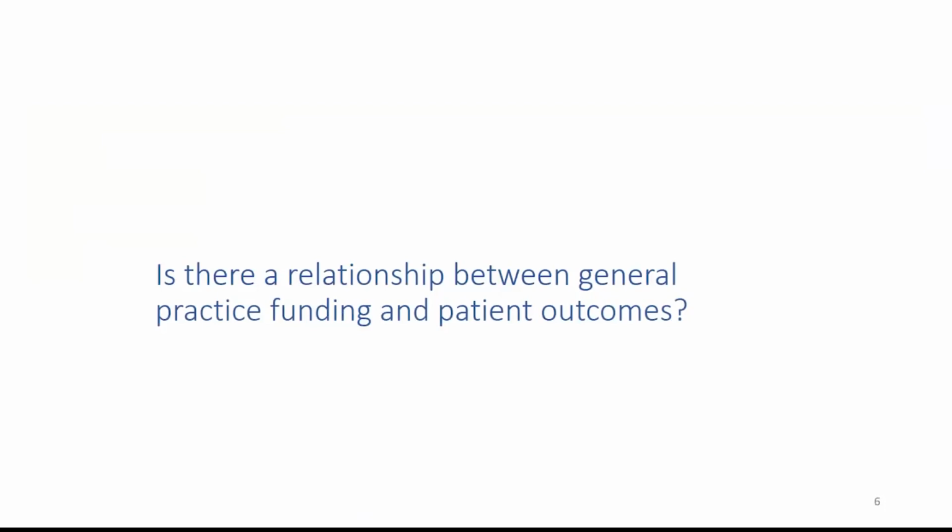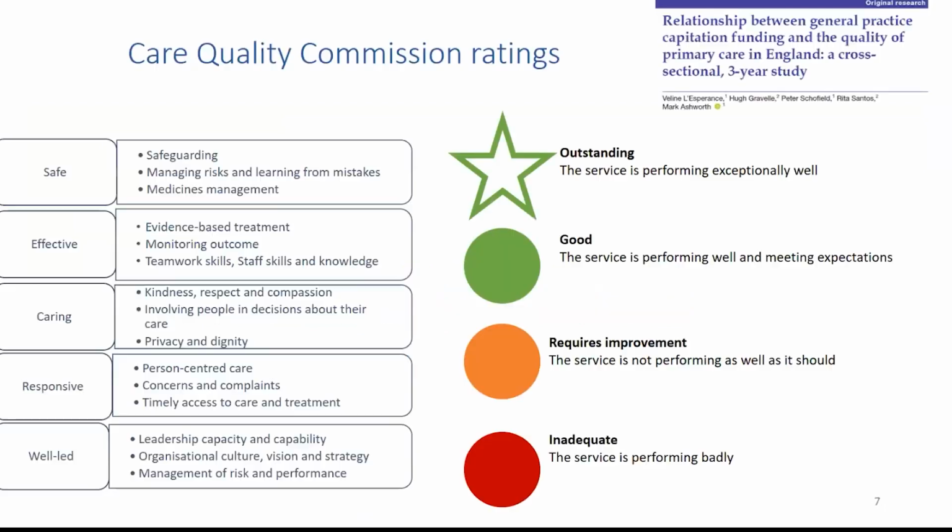So we'll start by looking at whether there's a relationship between general practice funding and patient outcomes, starting with care quality outcomes. All general practices and hospitals, but today we're focusing on primary care, are subject to inspections by the Care Quality Commission. Essentially, there are 5 main domains. Is your practice safe?